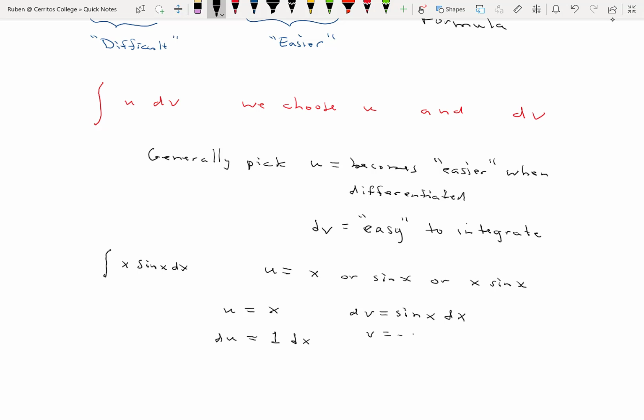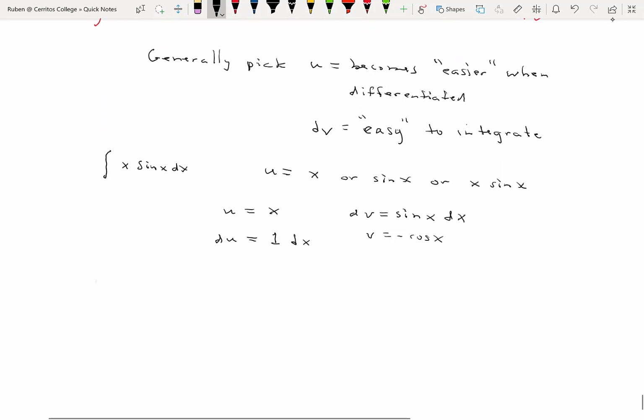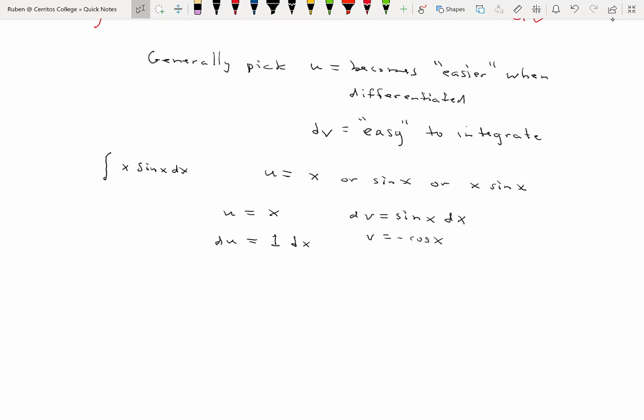Integral of sine is negative cosine. Okay, so what do we do with those quantities? Well, the integration by parts formula says the integral of u dv equals u times v minus the integral of v du.